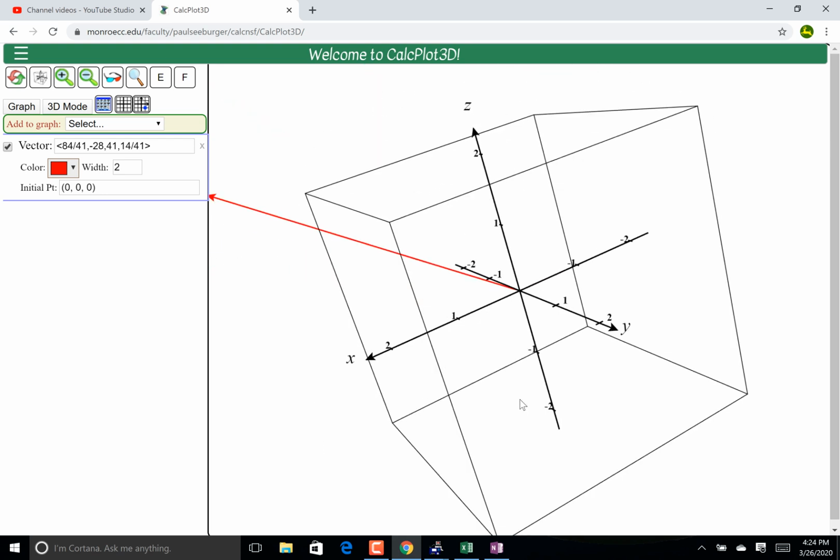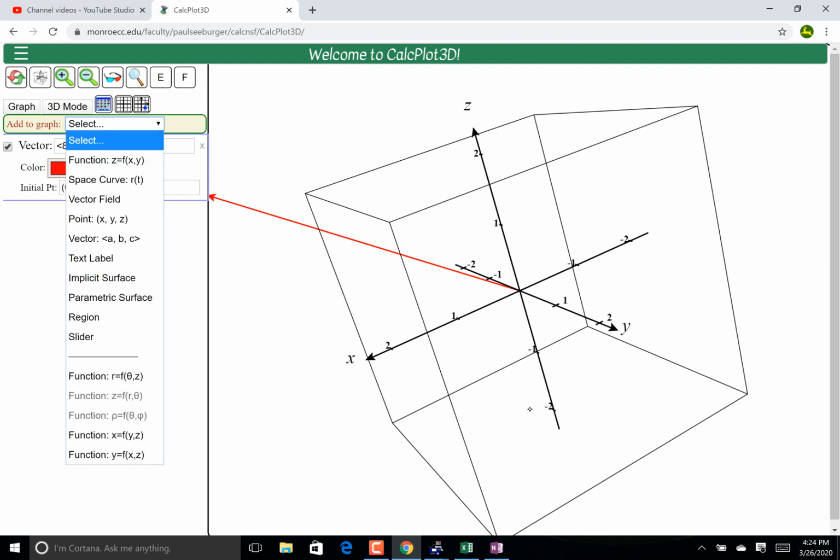Okay, there it is. I can see it now. Now I'm going to add two more vectors.